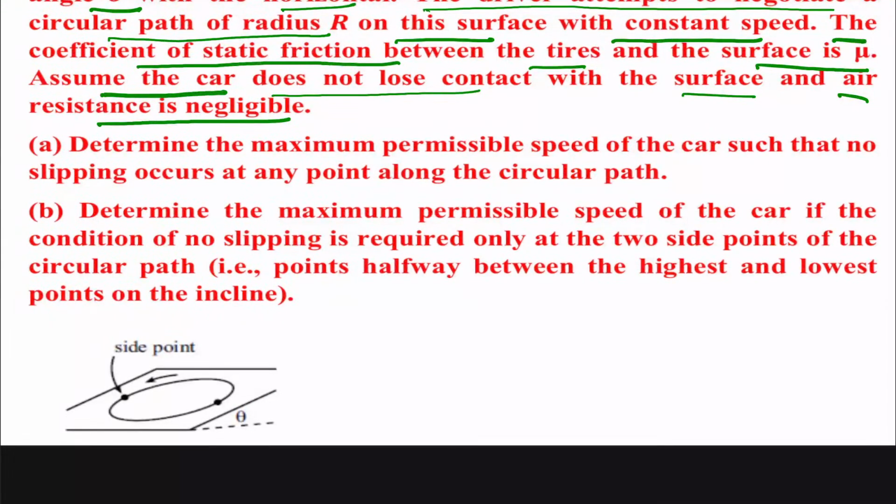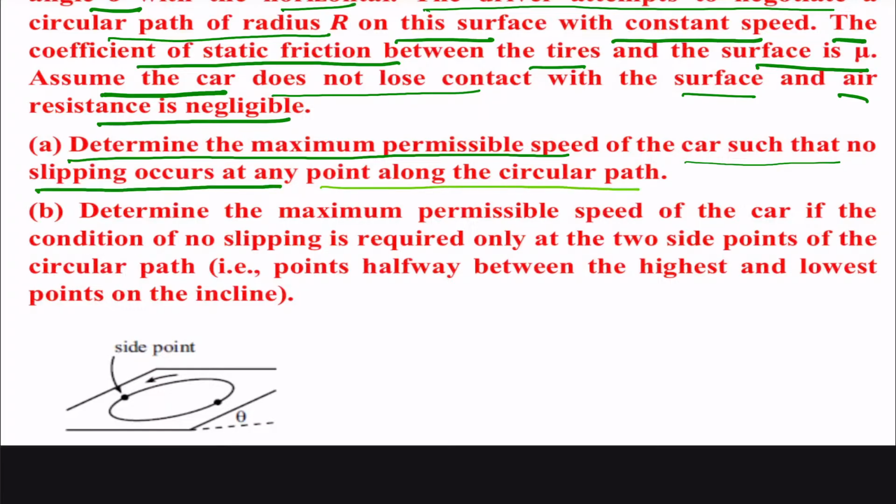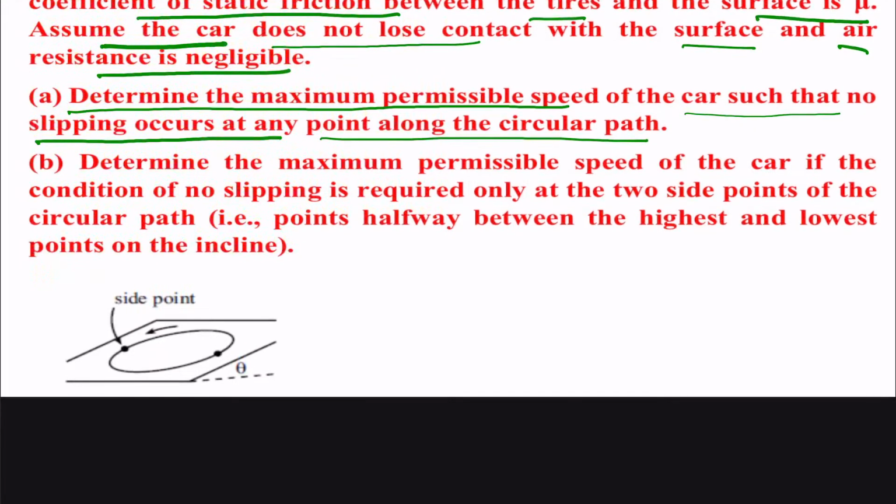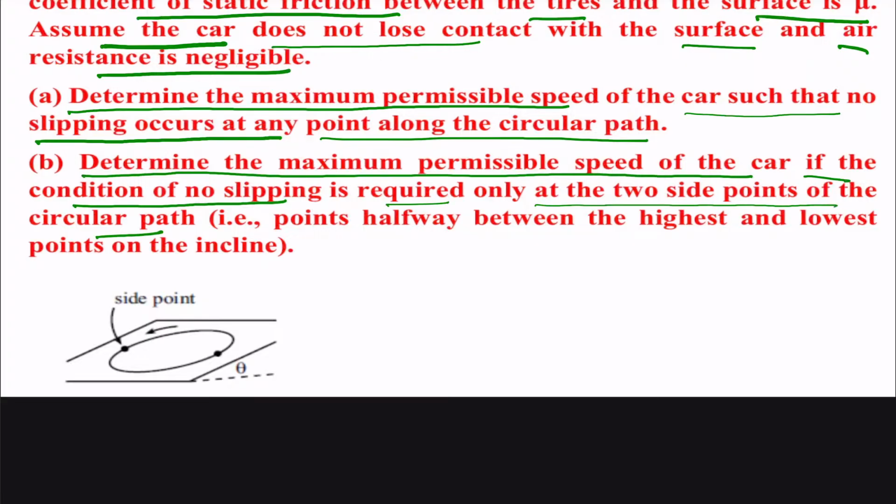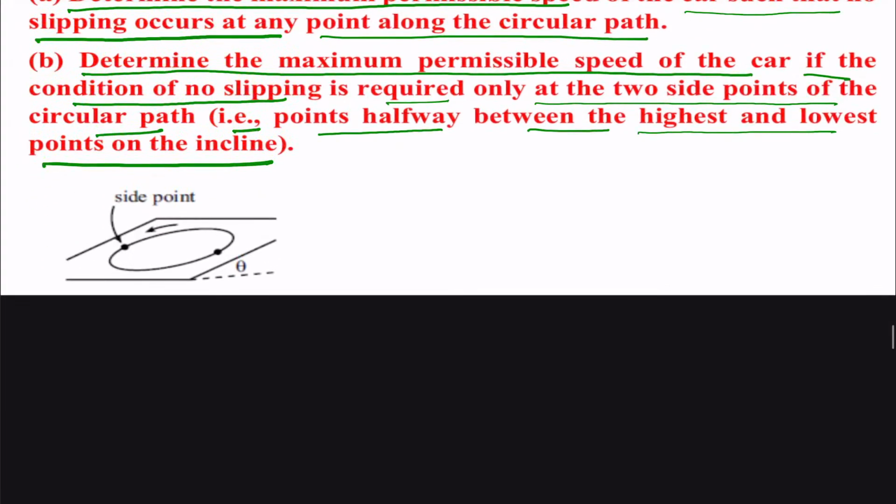So based on this we have two questions. Part A, determine the maximum permissible speed of the car such that no slipping occurs at any point along the circular path. And part B, determine the maximum permissible speed of the car if the condition of no slipping is required only at the two side points of the circular path, that is, points halfway between the highest and the lowest point on the incline.